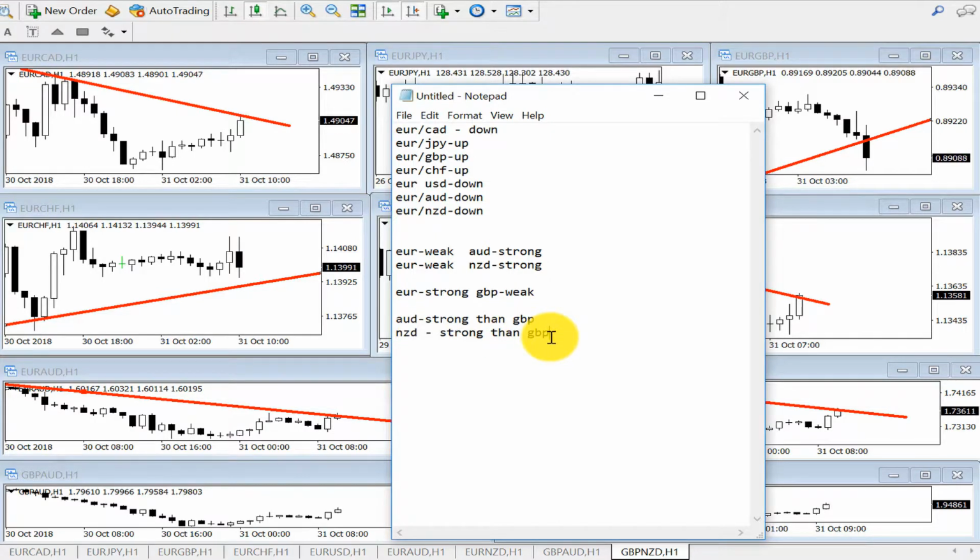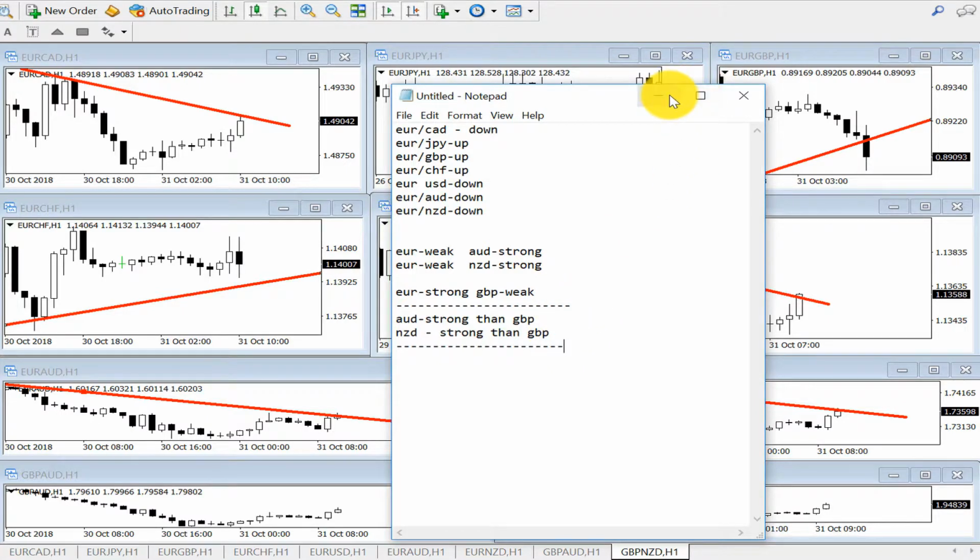This is the ultimate result. This is our main gist: after all the calculation, Australian dollar is stronger than pound and New Zealand dollar is also stronger than pound.